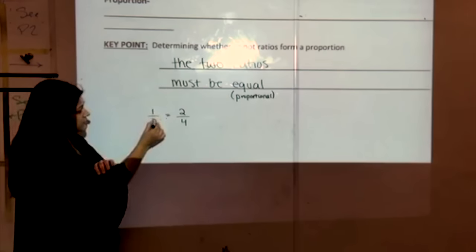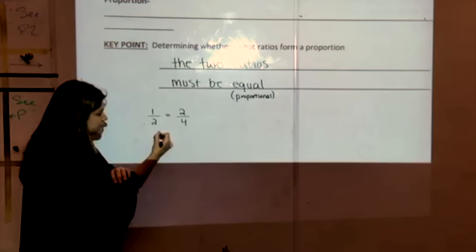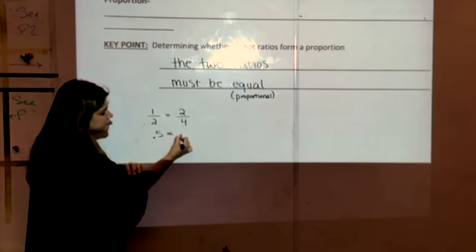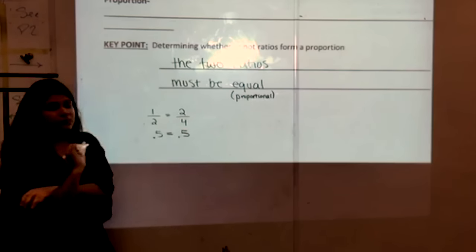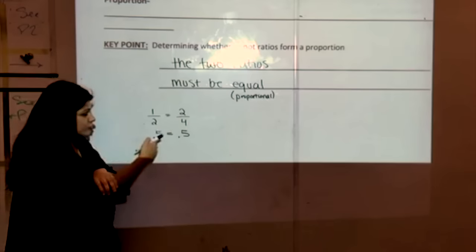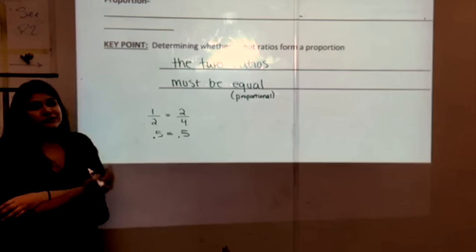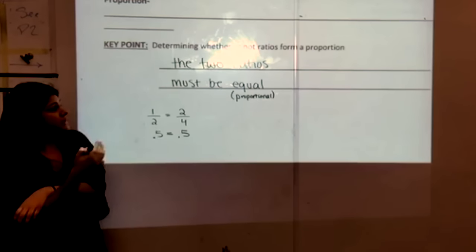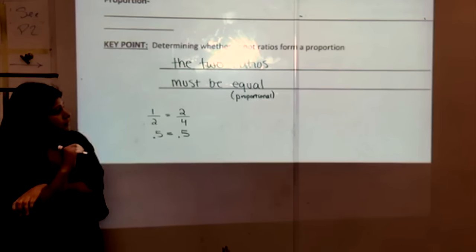Well, 1 divided by 2 gives us 0.5. And 2 divided by 4 also gives us 0.5. Since we have 0.5 on one side and 0.5 on the other, we clearly know, and you already probably knew, that these were equal or proportional, right?